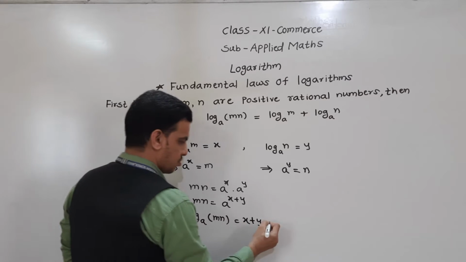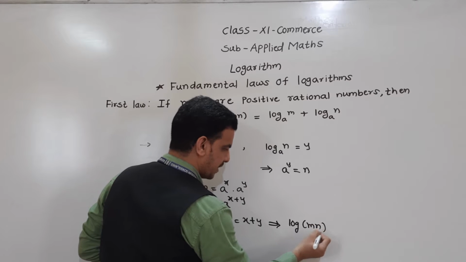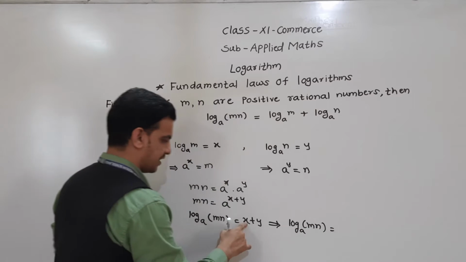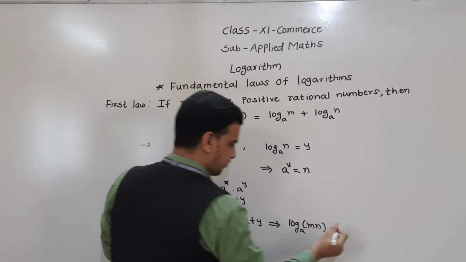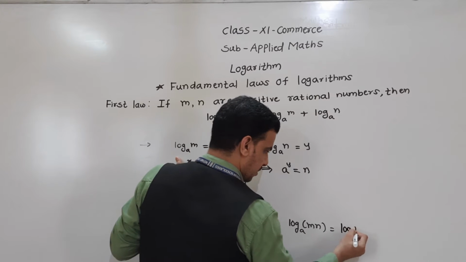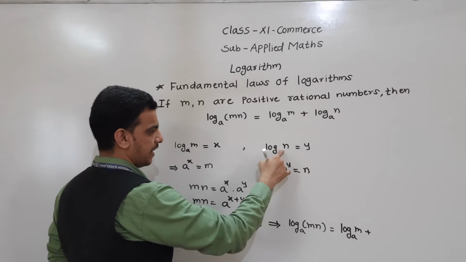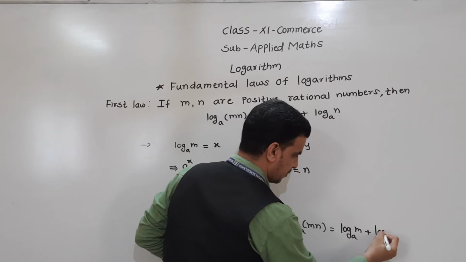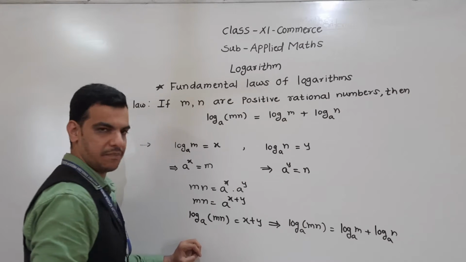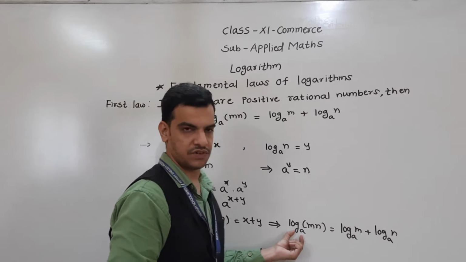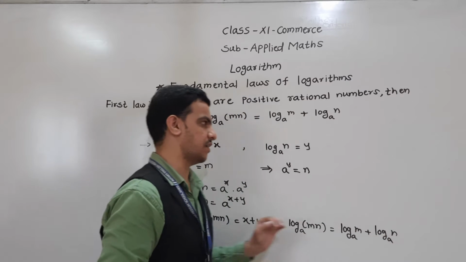So log of mn to the base a is equal to x plus y. The value of x is log m to the base a and the value of y is log n to the base a. So we proved here that log of mn to the base a is equal to log m to the base a plus log n to the base a.